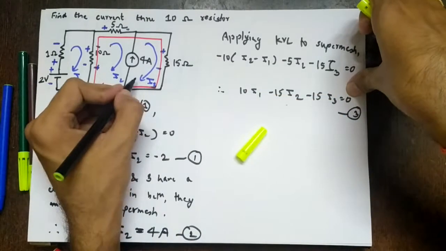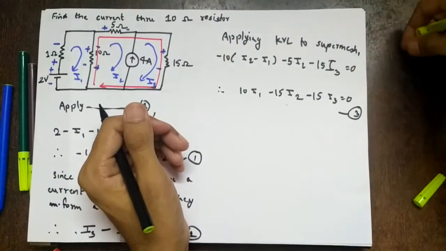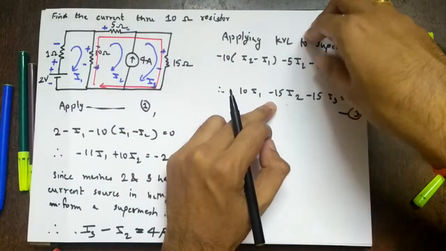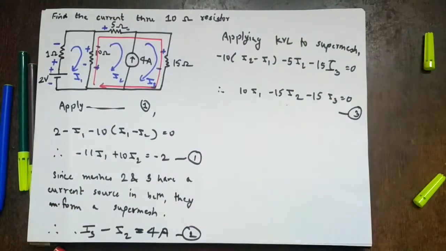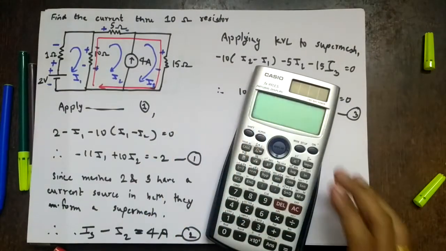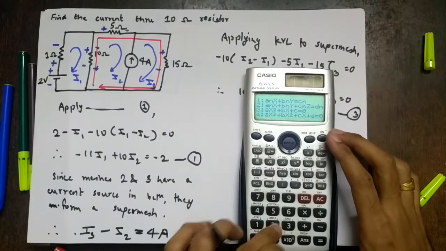So we have 3 meshes, and we have got 3 equations and 3 unknowns. So we can completely solve this, right? Just take your calculator and we can solve this. So what will this be?